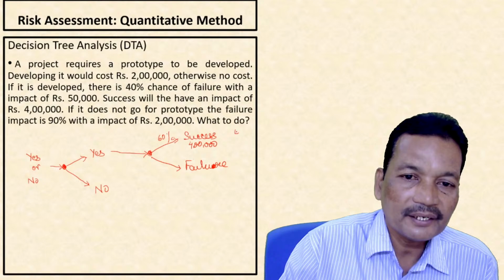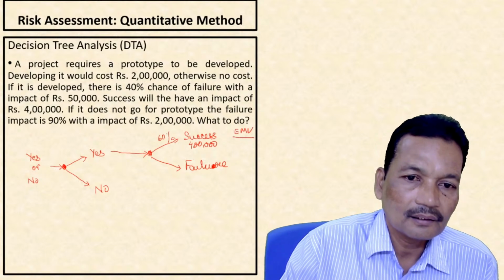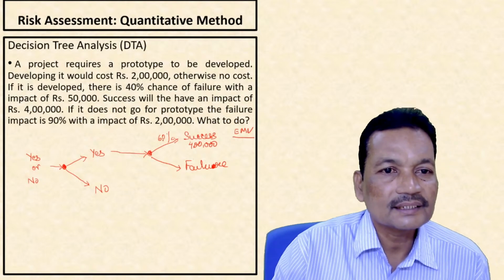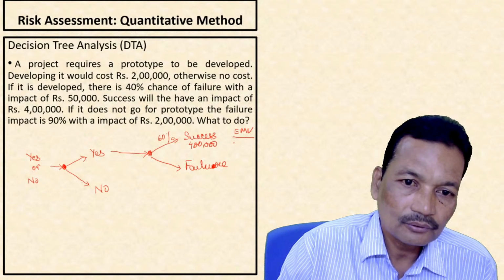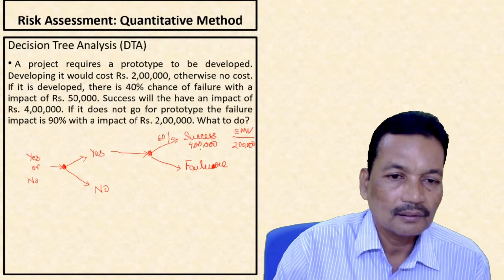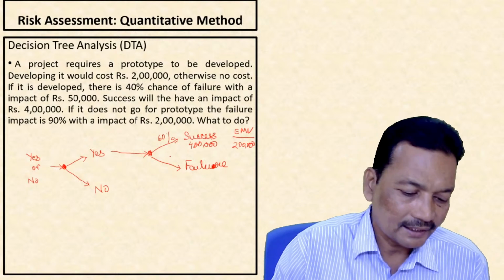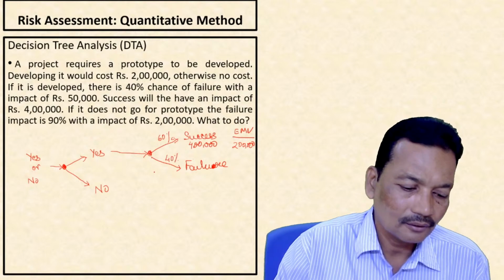Now the EMV is 60%, that is equal to 2 lakh. The second is failure.